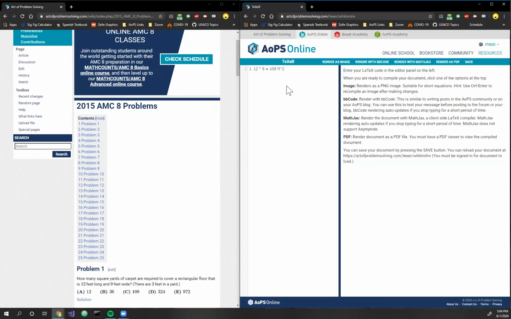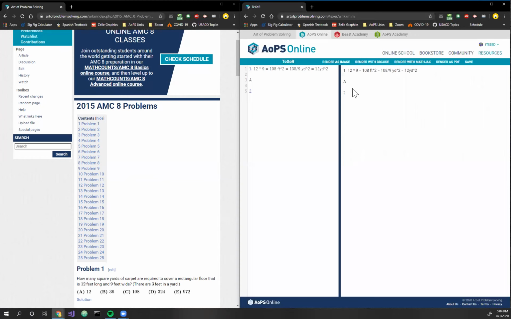And there are 9 square feet in one square yard, so this is just equal to 12. So the answer is A. I'll just write A here.